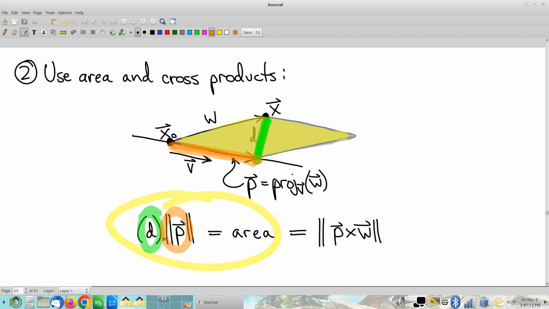Recall previously this vector that represents the base, that's the projection, and so the magnitude of that projection vector is the length of that base. Everybody good? Everybody remember high school geometry, height times base and all that? Okay, so great, we just successfully computed something we're not interested in.